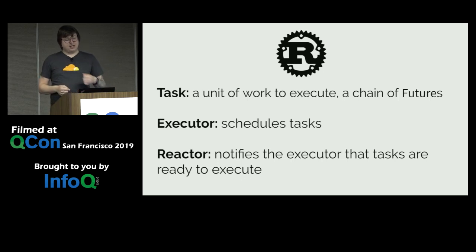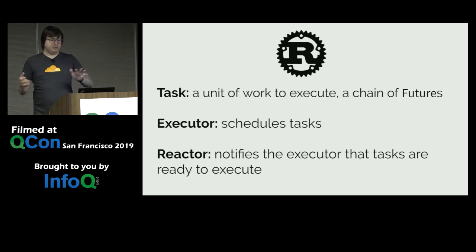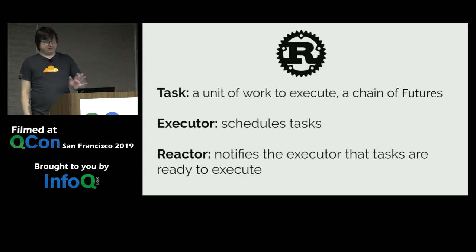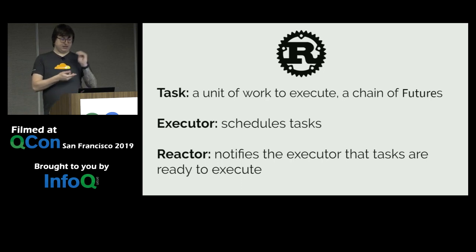And then finally, there's this concept called the reactor. This would be what libuv is in Node world. Basically, it's the thing that notifies the executor which tasks are actually ready to continue executing. Often this is tied to a specific operating system API. We split these things apart conceptually, even though a lot of projects provide both.